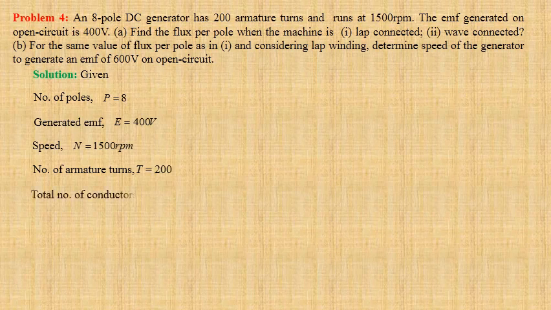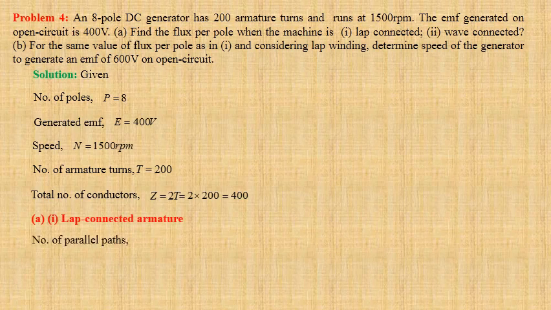Total number of armature conductors Z equals twice T, that is 2 into 200, that gives us 400. For a lap connected armature, number of parallel paths A equals P equals 8 for this machine.